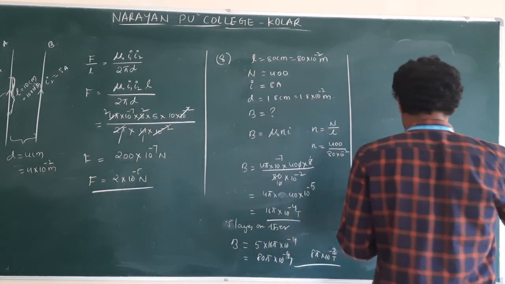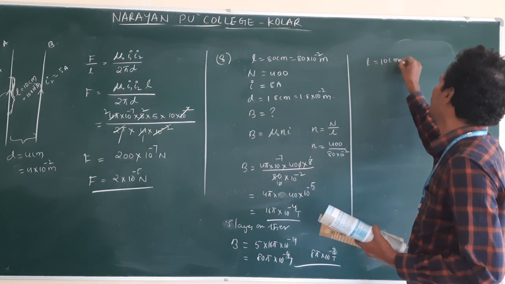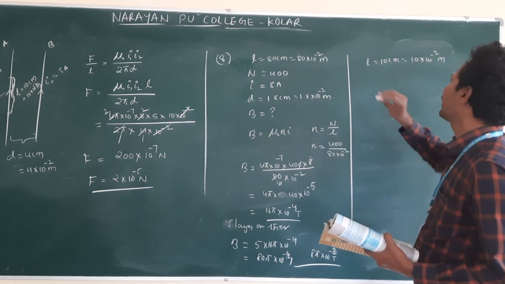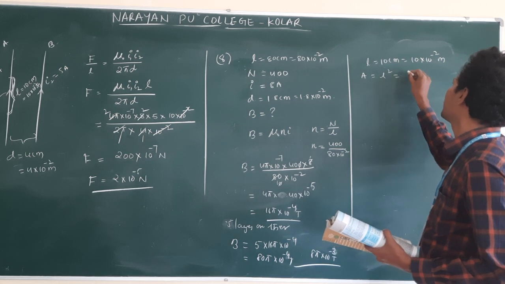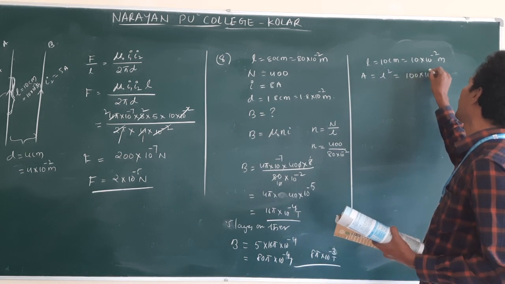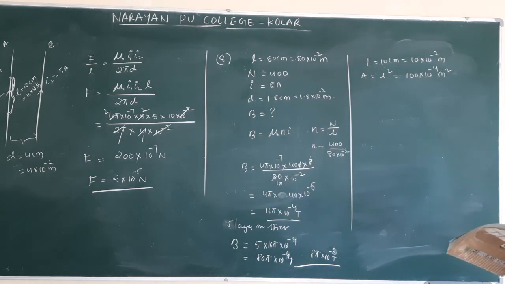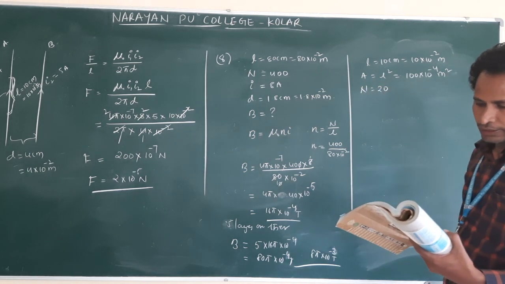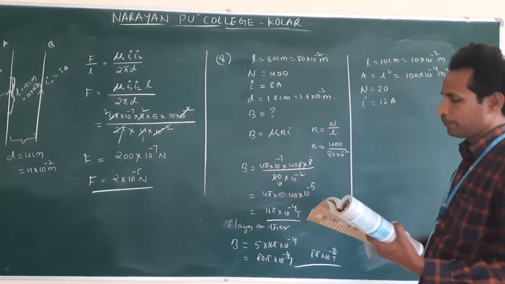Square coil of side length L is equal to 10 centimeter, 10 into 10 power minus 2 meter. Area of the square A is equal to L square. This is 100 into 10 power minus 4 meter square. And number of turns N is equal to 20. Next, carries a current I is equal to 12 amperes.